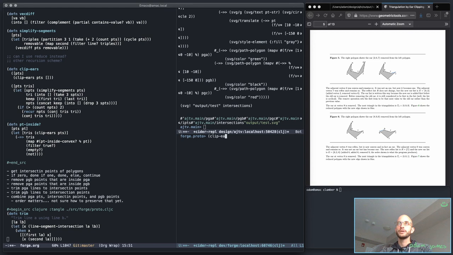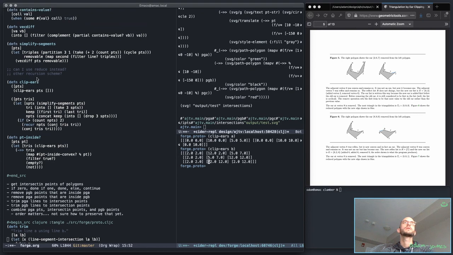Clip ears of A. Still an incorrect triangle here. This one's also wrong. Okay. Let me see. Clip ears.